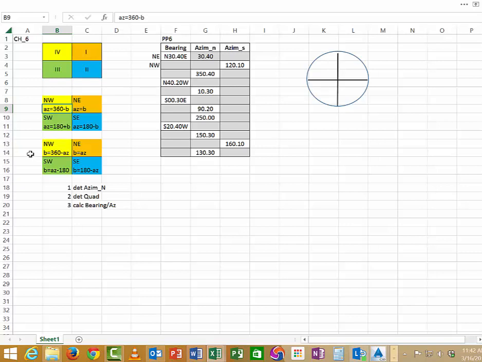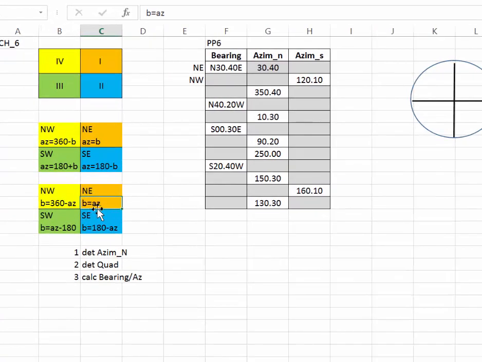And then just the opposite down below. Again, the northeast quadrant is an easy one, so the bearing equals the azimuth. In the southeast quadrant, the bearing equals 180 degrees minus the azimuth. Southwest is your azimuth minus 180. And then your northwest, your bearing equals 360 minus the azimuth.